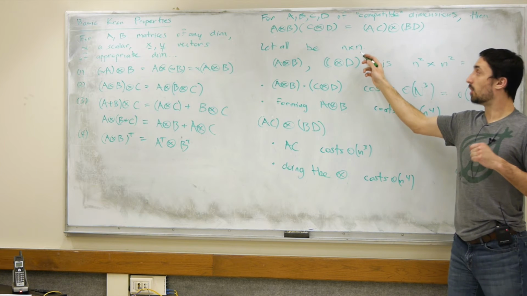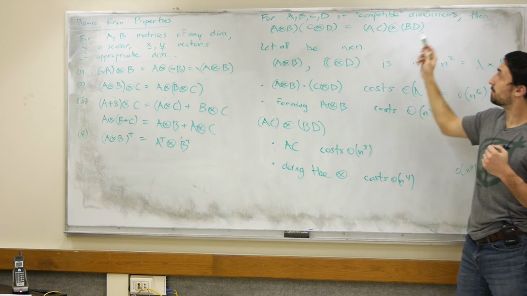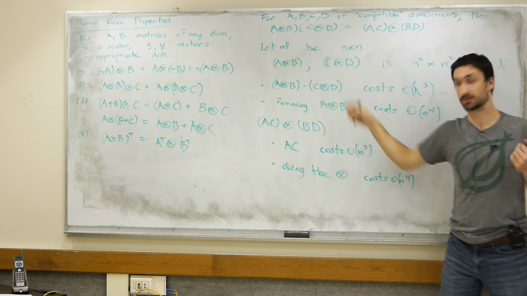Now we assumed all of the matrices involved were n by n, but because this property works for any dimensions, we can also do this in the case that, for example, C and D are vectors.